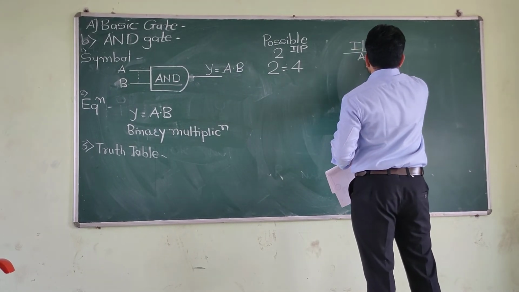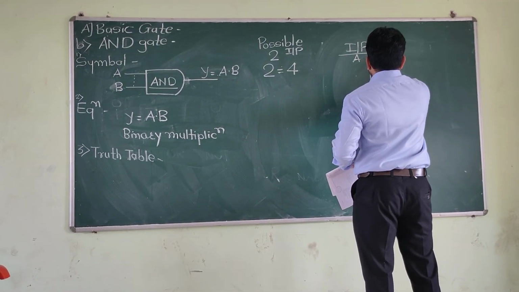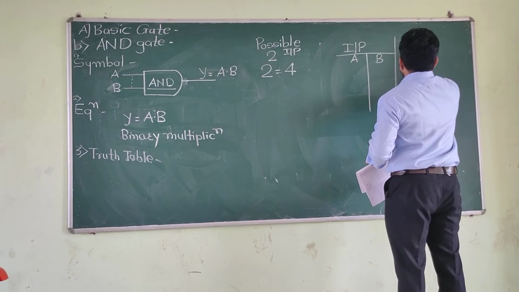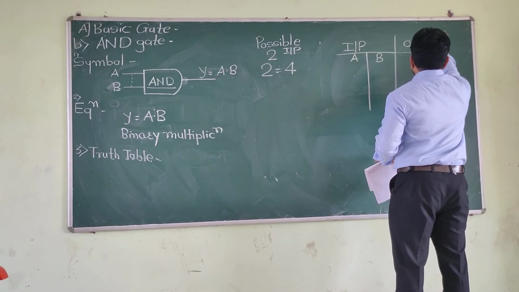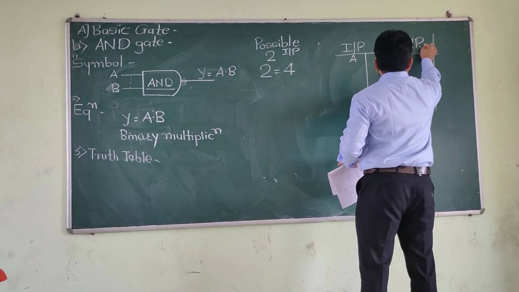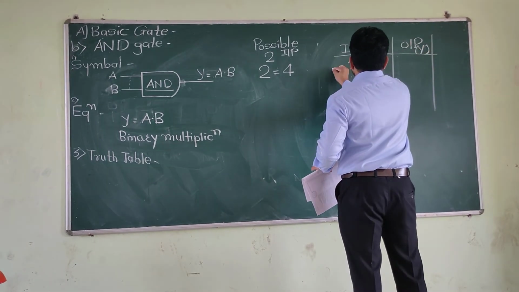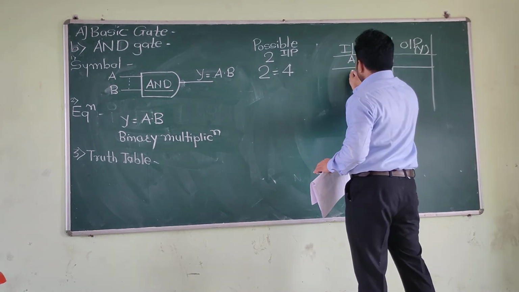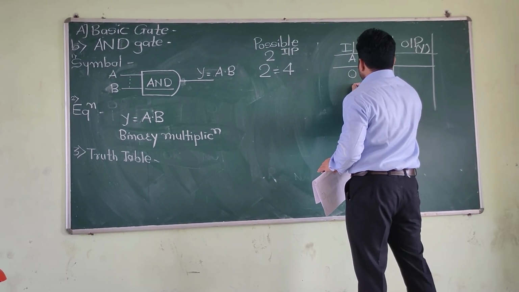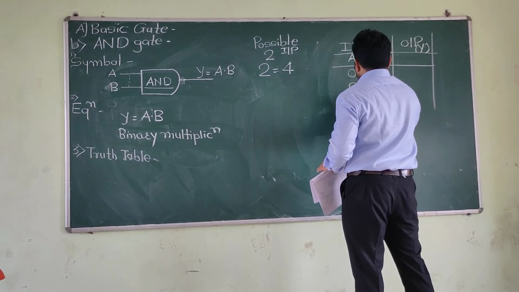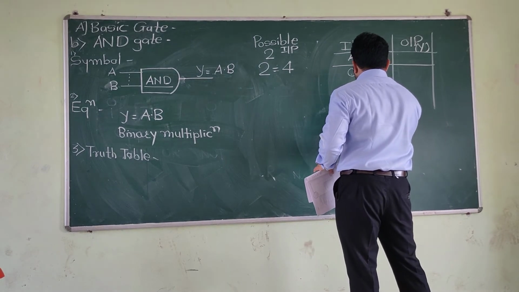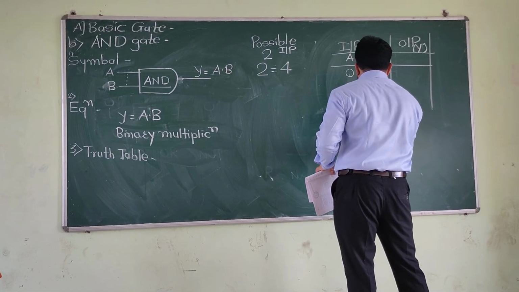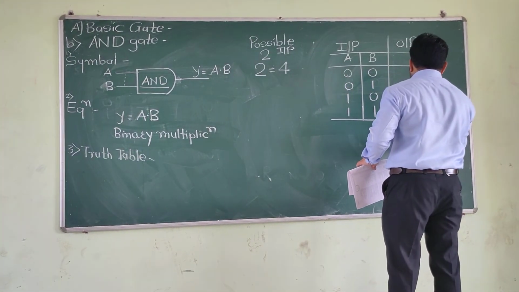There are two inputs, A and B, but only one output, which is shown by the letter Y. So how many possible combinations? 4. We can write 0 0, 0 1, 1 0 and 1 1. So these are the 4 possible combinations.